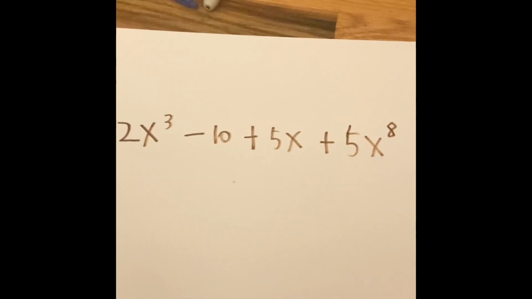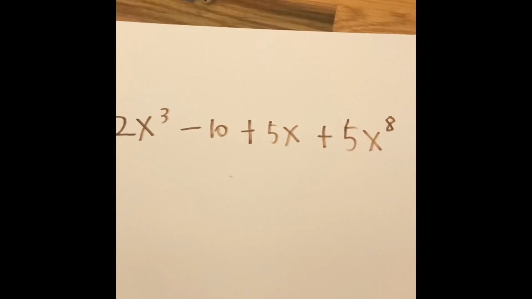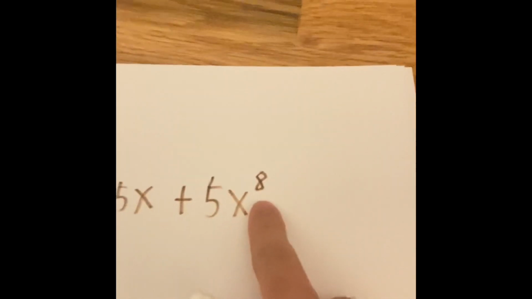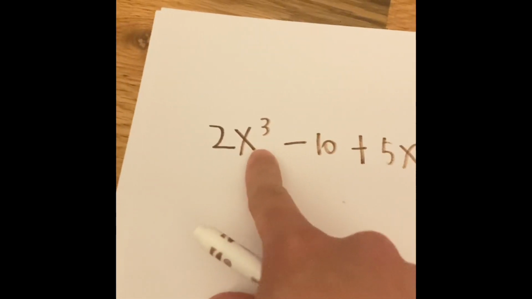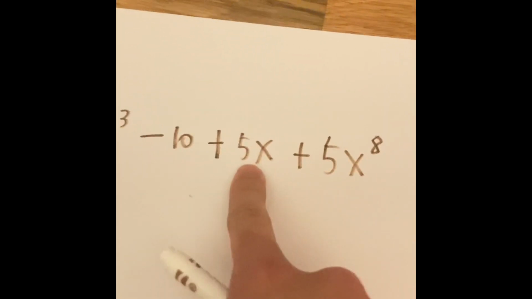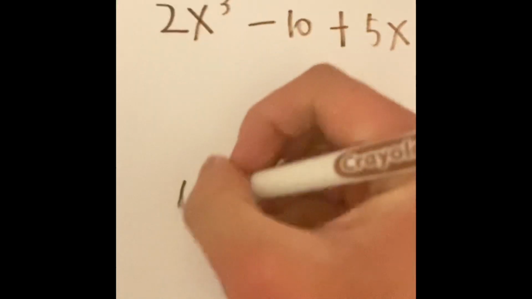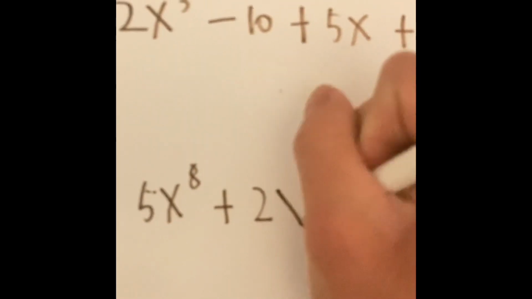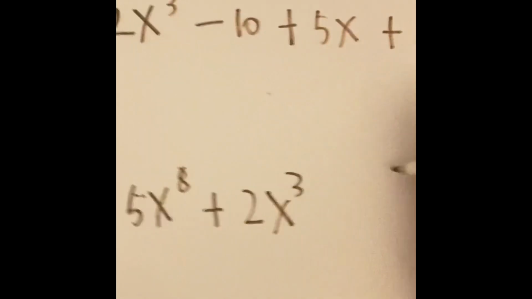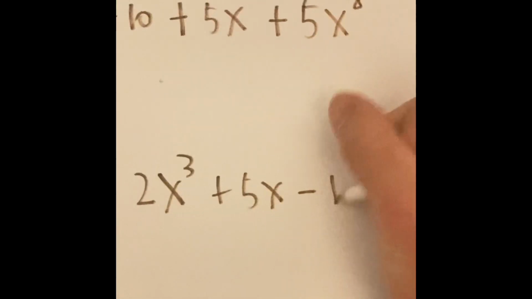So the first thing we do is put the larger exponent first, then the smaller exponent second, then the regular variable third, and the number fourth. So we have 5x to the power of 8, plus 2x to the power of 3, plus 5x, minus 10.